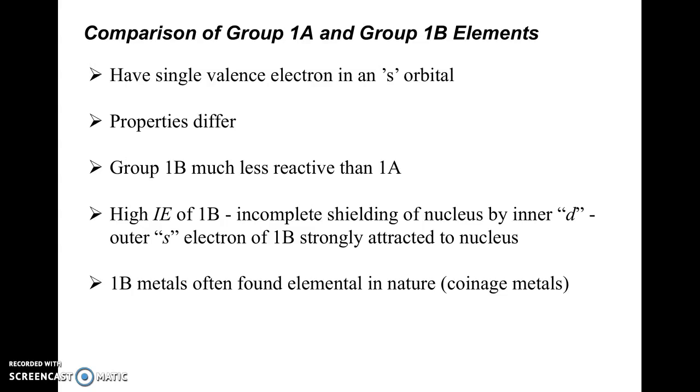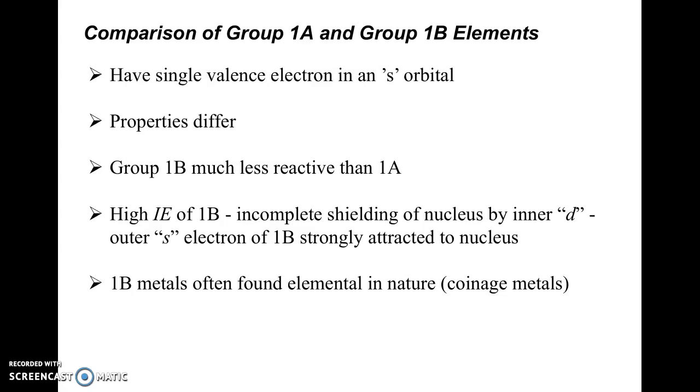The 1Bs have a very high ionization energy, and that's because they really see the protons in the nucleus. You don't get very good shielding from the d electrons because they're pretty high in energy. They're pretty far out.